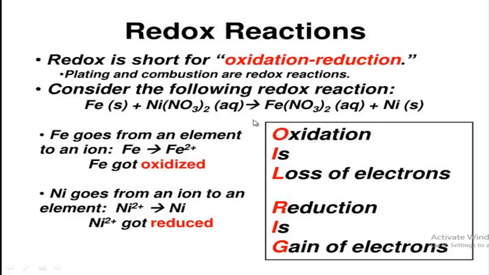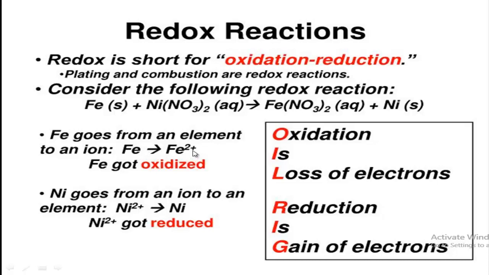Now we will discuss this. The iron is converted from 0 to +2. That means iron releases 2 electrons and is converted into a positively charged ion, iron +2. So here loss of electrons occurs. Iron is oxidized because iron releases 2 electrons, that means loss of electrons happened.